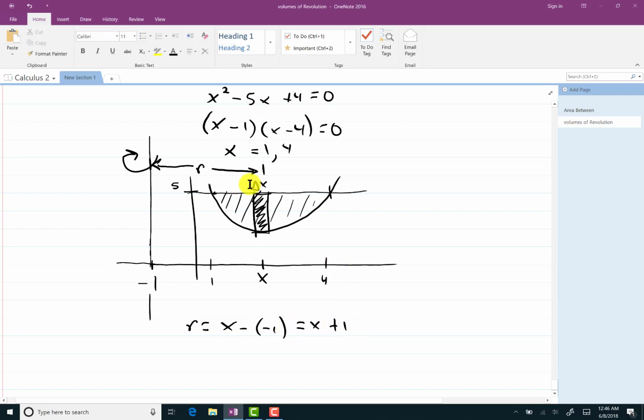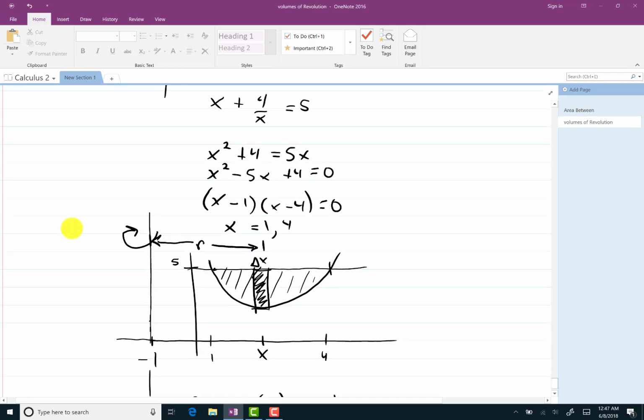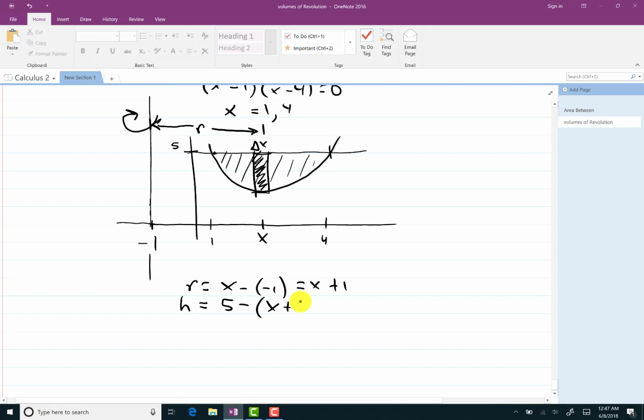And the height is, the top function is y equals 5, and the bottom function is this parabola. So the h equals 5 minus, let me remind myself of what it was, x plus 4 over x. And that's simply going to equal 5 minus x minus 4 over x.